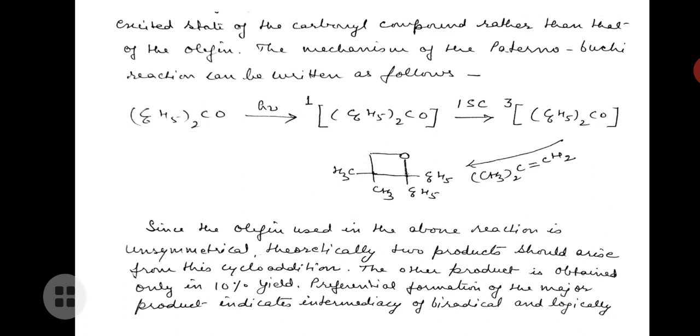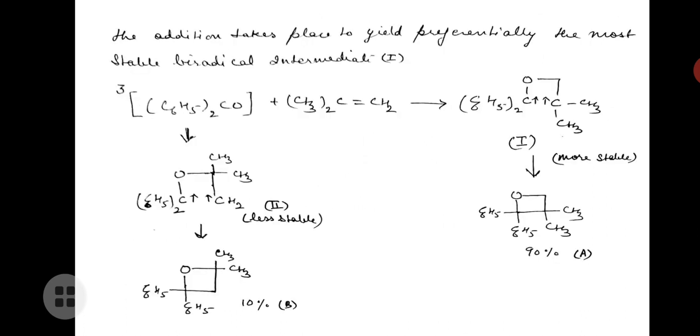Now the preferential formation of the major product indicates the intermediacy of a biradical, and logically the addition takes place to yield preferentially the most stable biradical intermediate first.